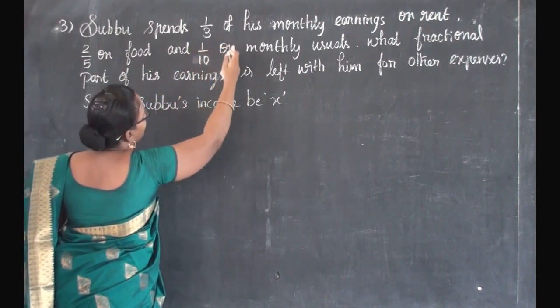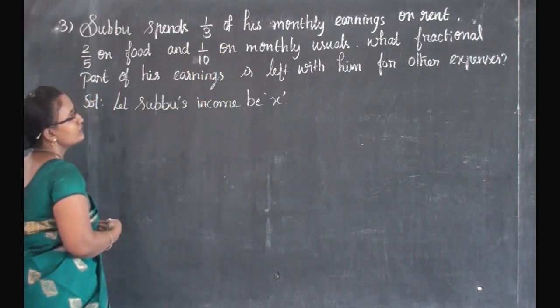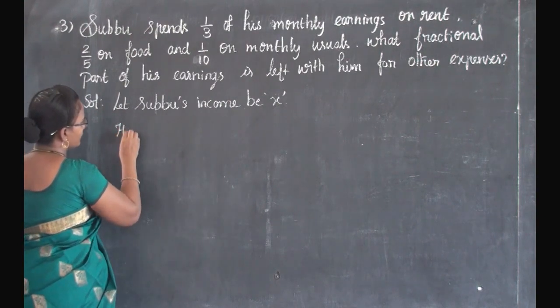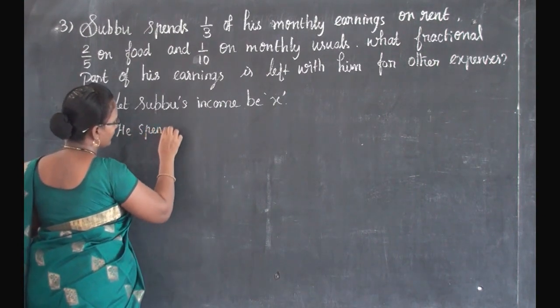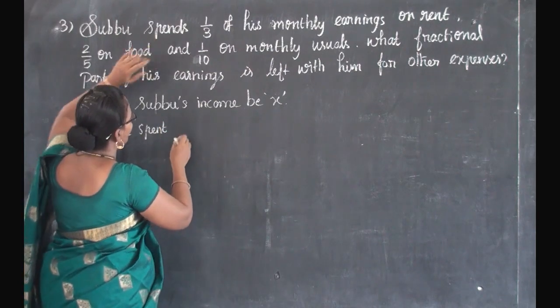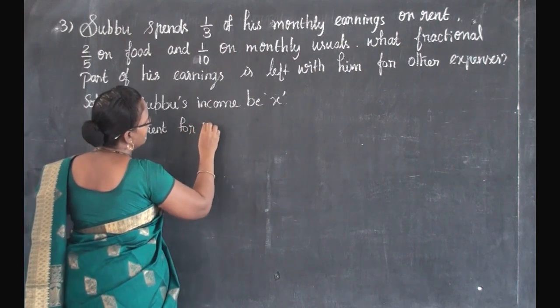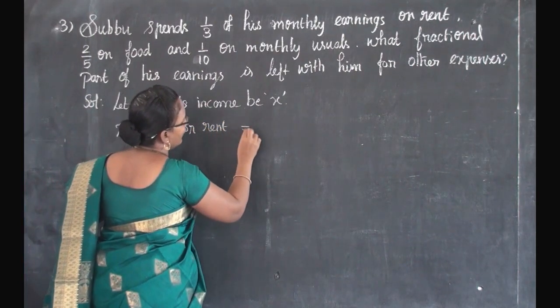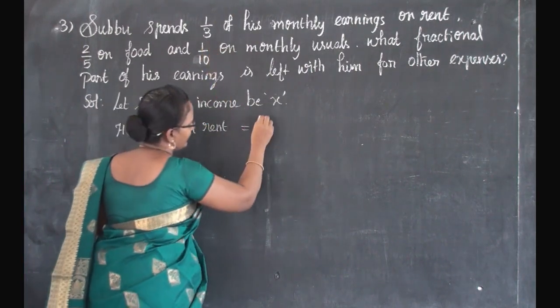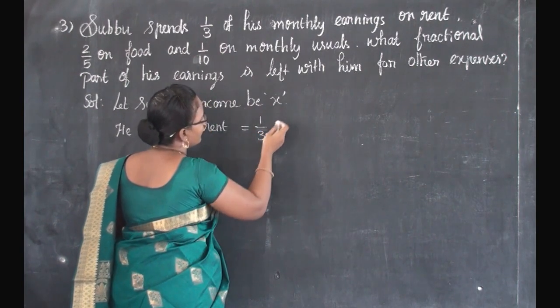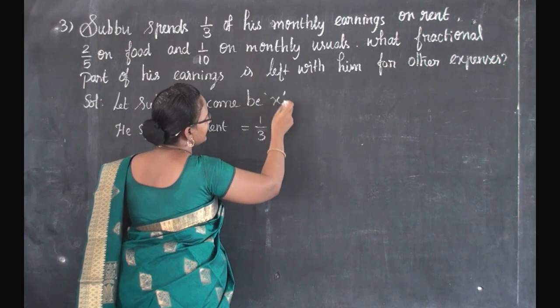First one, 1/3 of his monthly earnings on rent. So he spends for rent 1/3 of his monthly income.